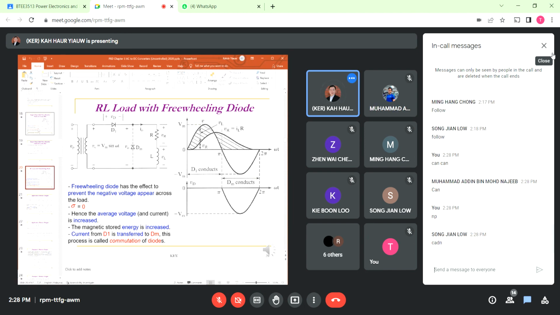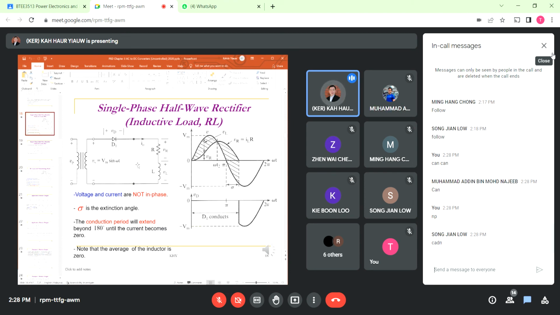All right. So you can see, without the freewheeling diode here, the inductor will force your current to flow in the same direction during the next half cycle, before the inductor has finished discharging its energy.